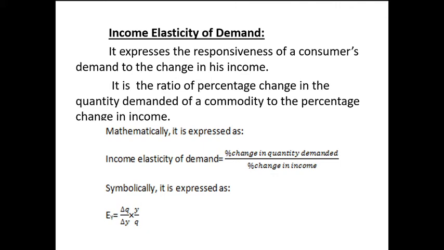In other words, it is the ratio of percentage change in quantity demanded of a commodity to the percentage change in income.